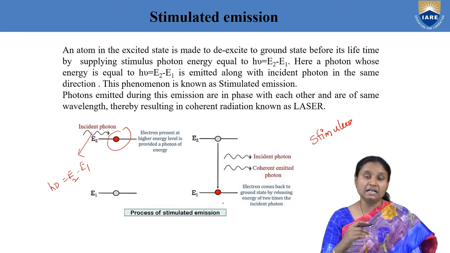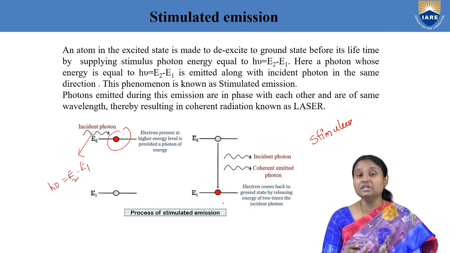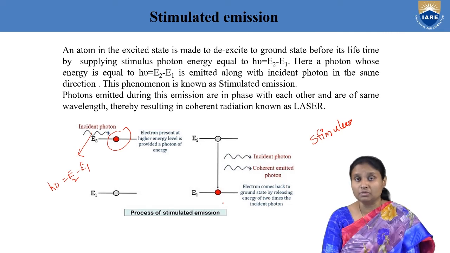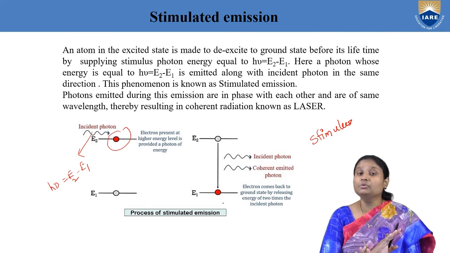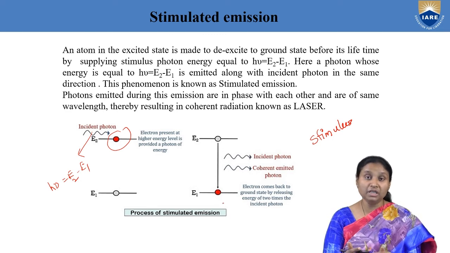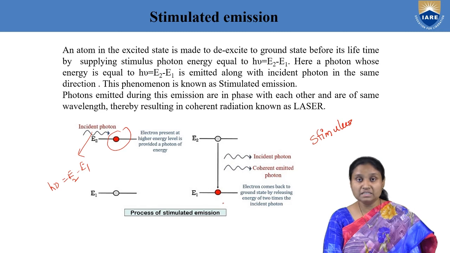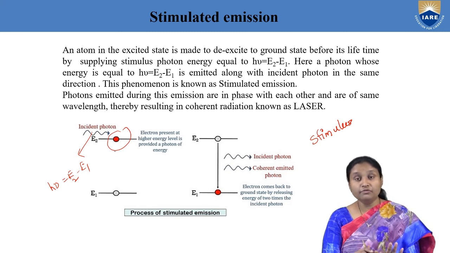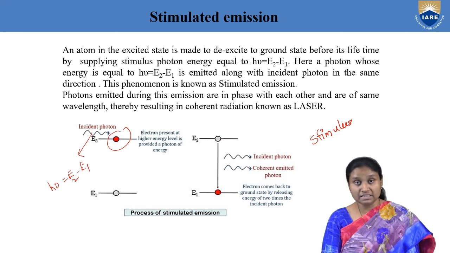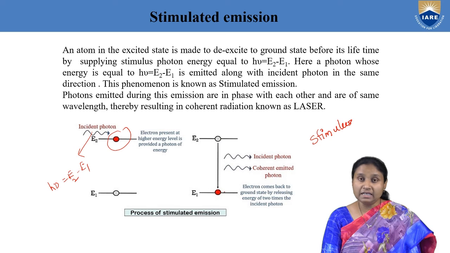I'm forcing this atom to go to ground state before its lifetime. Anyway, it is going to come down after its lifetime, but I don't want to wait till then. I want to make it come down before its lifetime. So that's why I'm supplying stimulus energy. And when this photon falls on this atom in the excited state, it will push that atom to come down. And when this atom comes down, or gets de-excited from higher state to lower state, how many photons are being emitted?